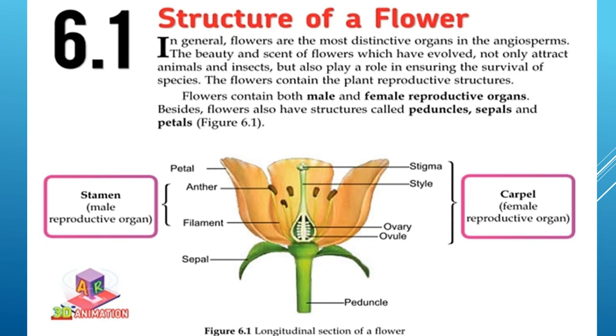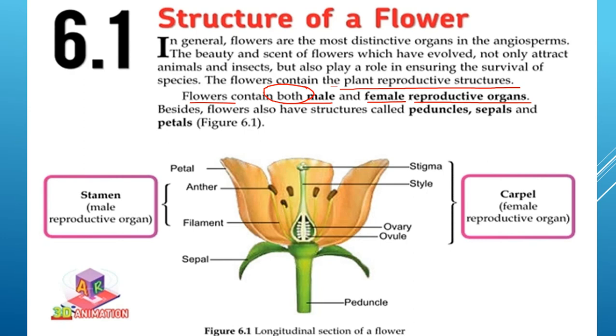So the flower contains the plant reproductive structures. Flowers contain both male and female reproductive organs.